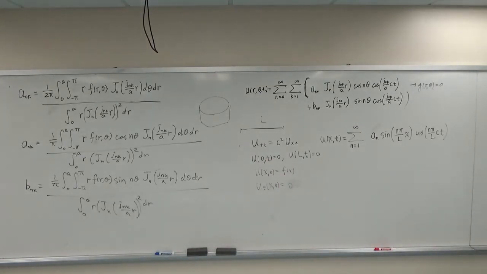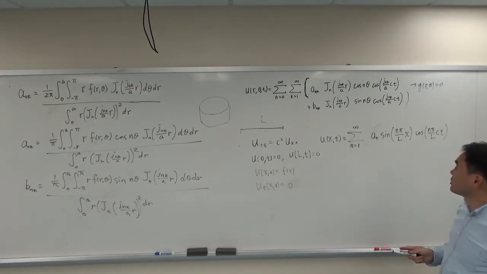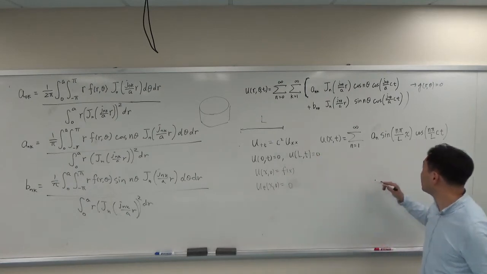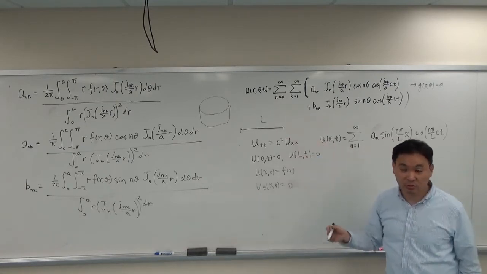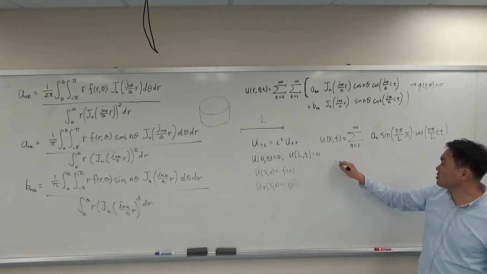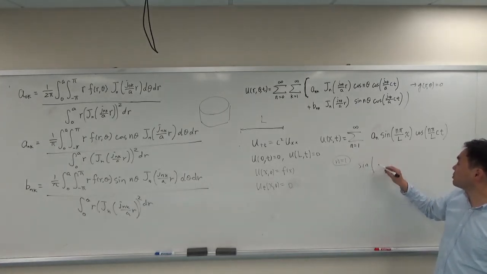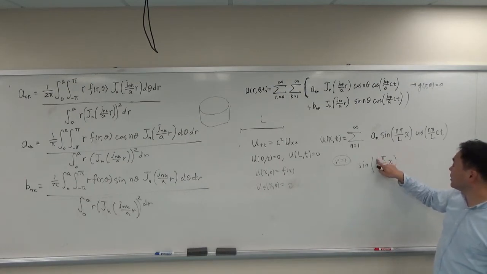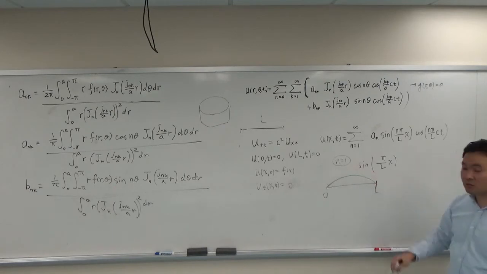Now, what I want to point out from this comparison is that on this string, these become all the possible ways that this string can vibrate. When n is 1, that's the lowest order, you get sine of 1 pi x over L. And you have 0 to L, you have this as the shape.